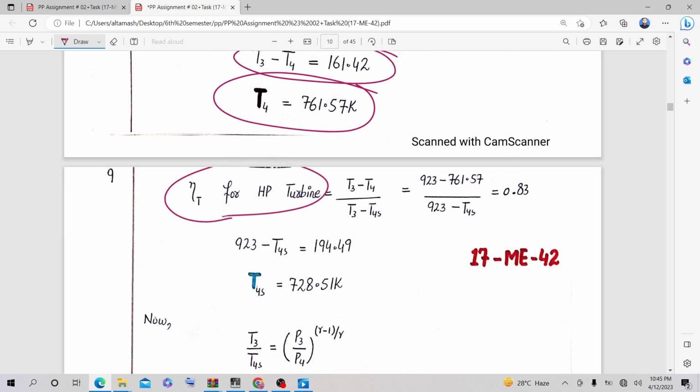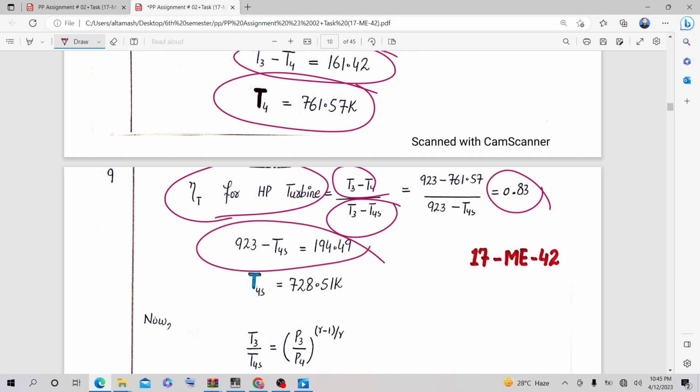So the isentropic efficiency for the high pressure turbine is equal to (T3 minus T4) over (T3 minus T4s), which is equal to 0.83. So 923 minus T4s is equal to 194.49.